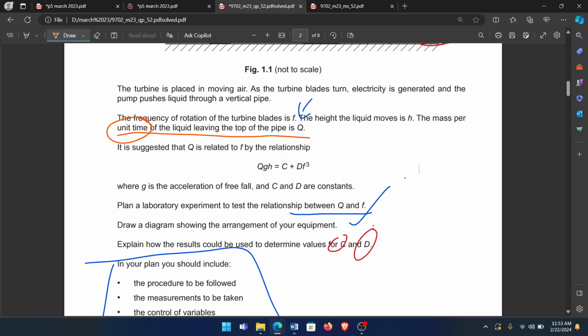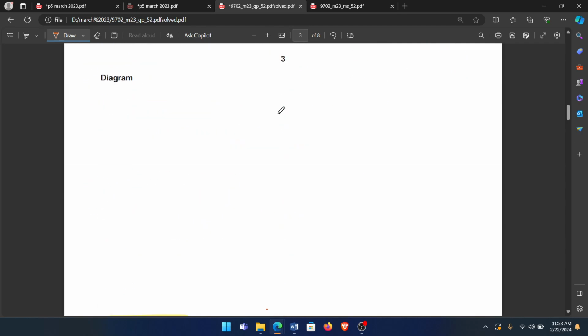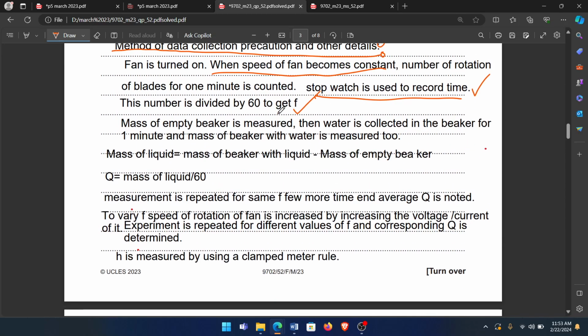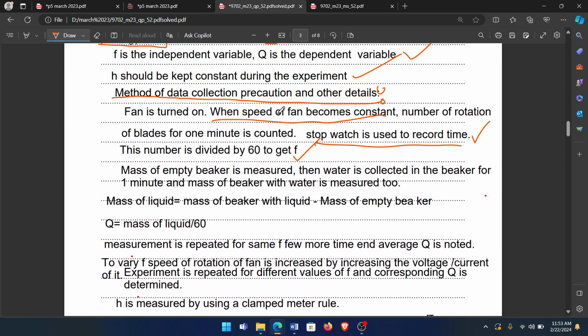Normally, per unit time means per second, but when we measure it, we measure for a minute because it is very difficult to collect the liquid for a second, right? You can use mass per minute also, but I think it is better to convert it into SI unit. So mass per second actually.